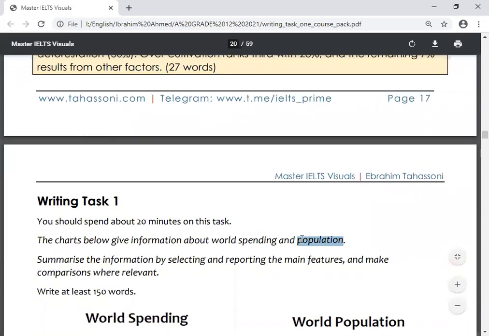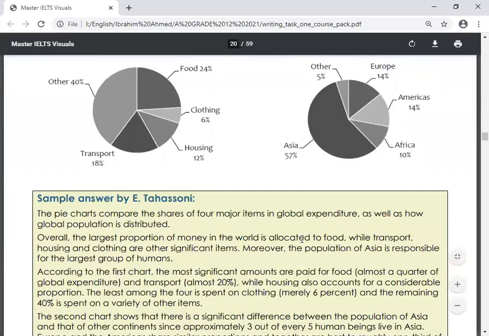We have world population here, as well as how global population is distributed. As well as is a good linking word, a good conjunction, and it means and. It compares how population, or global instead of world, use the word global, is distributed.